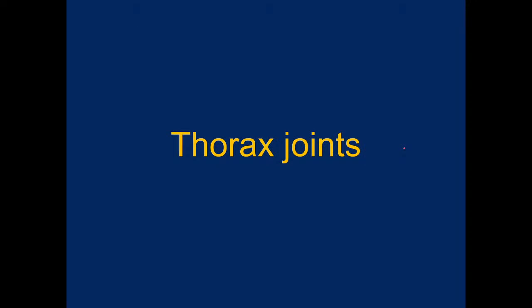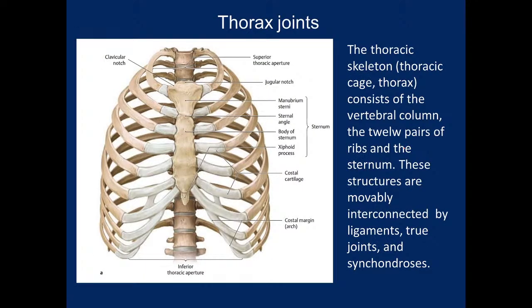Next are the thorax joints. The thoracic skeleton, the thoracic cage or thorax, you see here, consists of the vertebral column, the 12 pairs of ribs, and the sternum. So 12 pairs of ribs, the thoracic vertebrae here, and in the center the sternum.